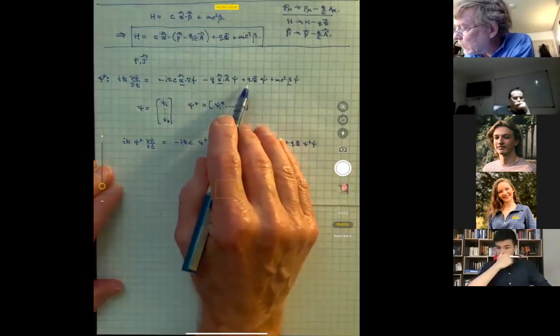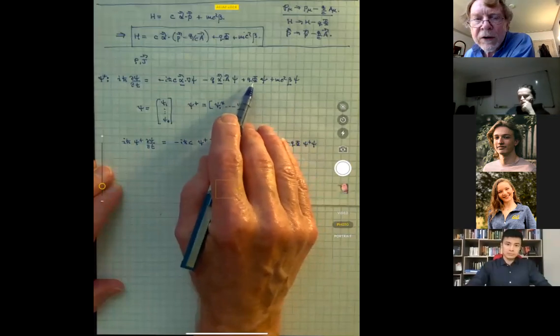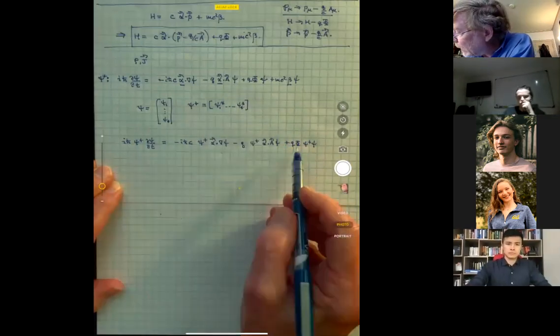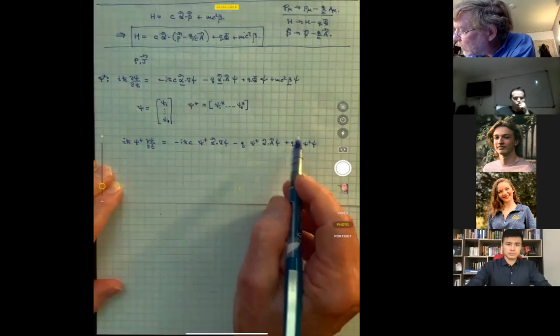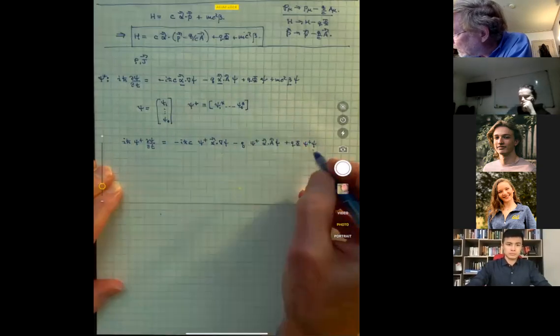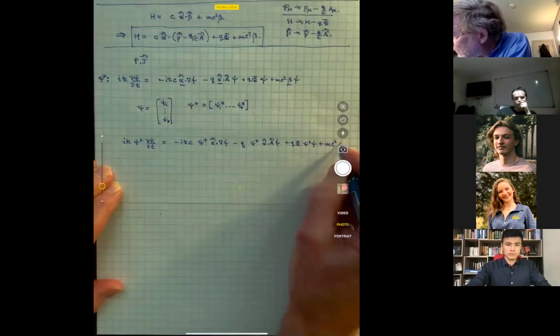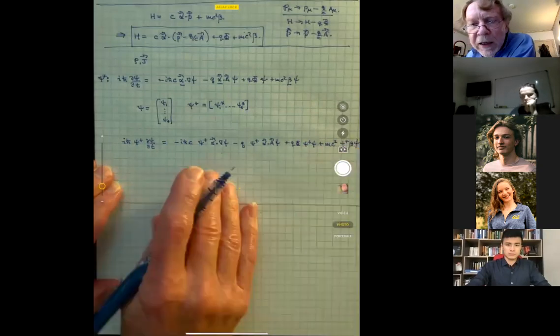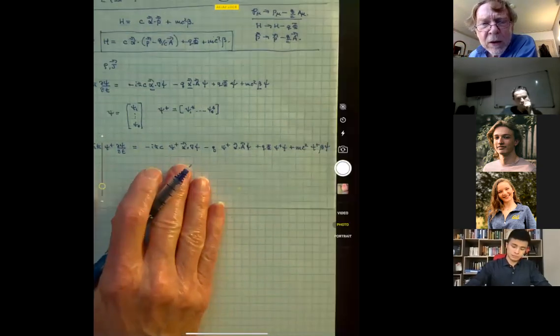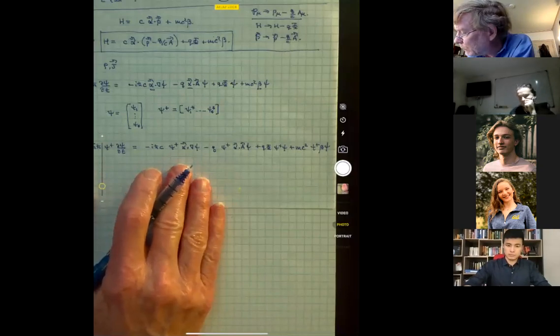So it's really a scalar insofar as the spin indices are concerned. That's why I can pull the ψ† past it and just end up with a scalar product ψ†ψ. And then finally, the last term is mc squared, and then I get ψ†βψ. I hope I have room to write it here, and I hope you can see it. But that's the last term, mc squared ψ†ψ sandwiched around β, like that.